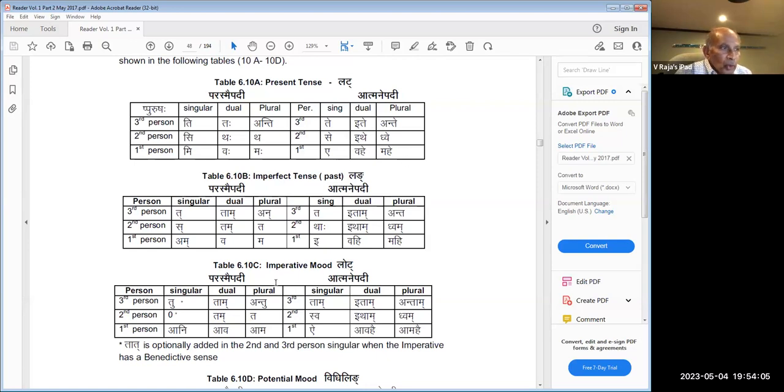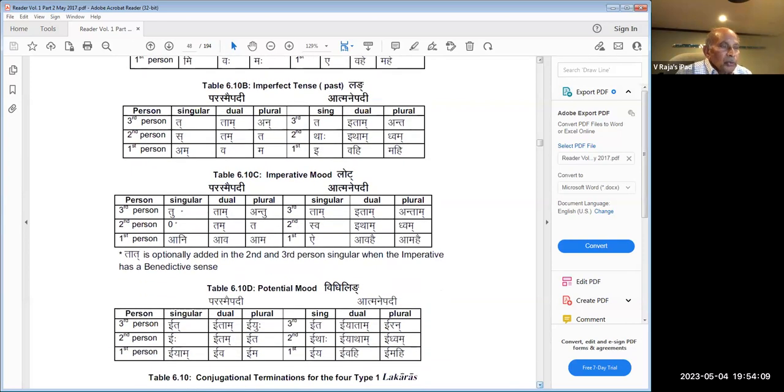When it comes to the order, imperative, lot, take the same dhatu, the same base, whatever you derived. Bhu becomes the bhava base, and add this pratyaya: bhavatu. And then add these pratyayas.